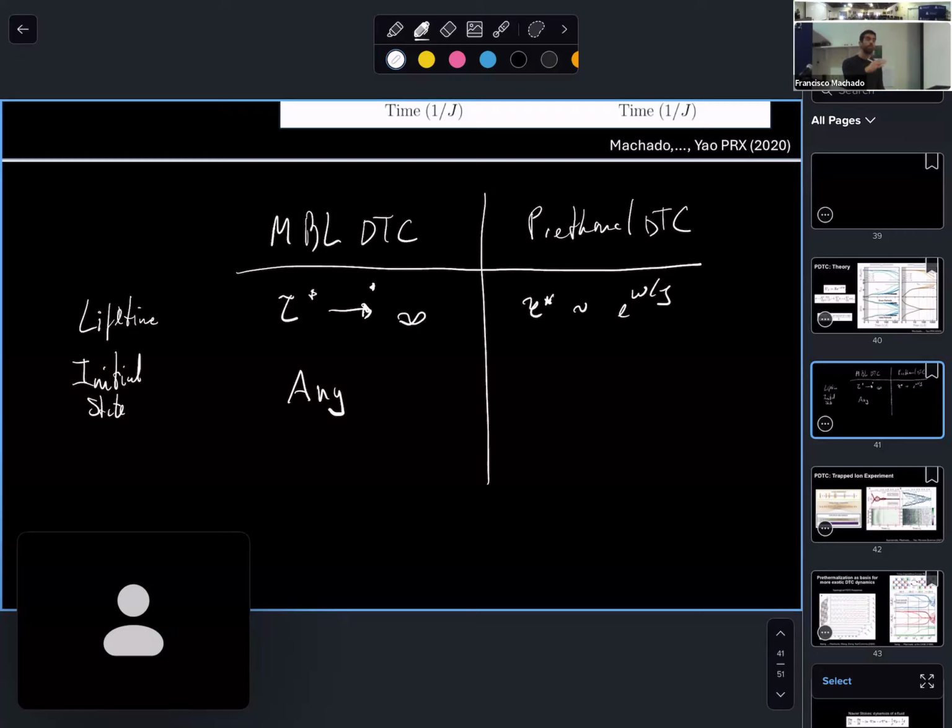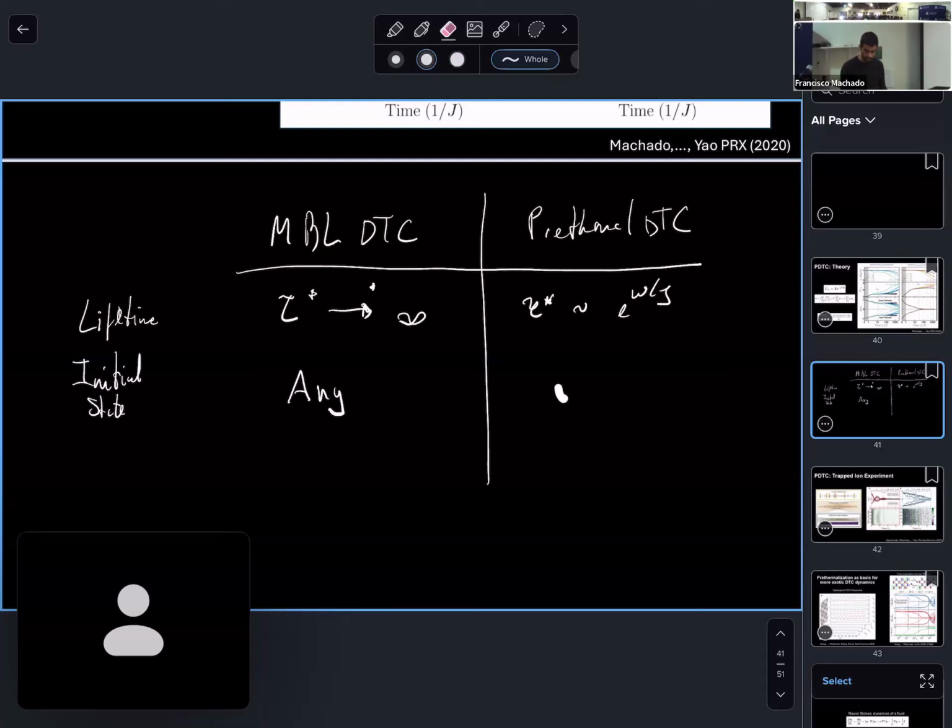On the other hand, this pre-thermal time crystal only worked if the initial state thermalizes to a spontaneous symmetry breaking phase of my effective Hamiltonian. So this tells us that we need the temperature of my initial state, or the corresponding temperature, to be below some critical temperature. So in fact there has to be some more important initial state dependence.